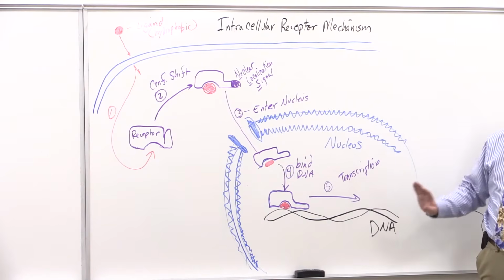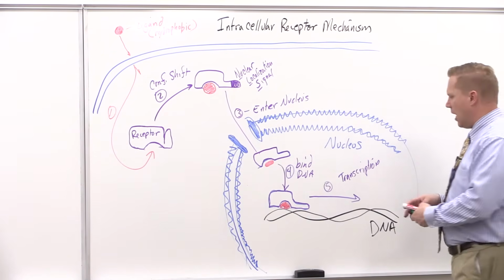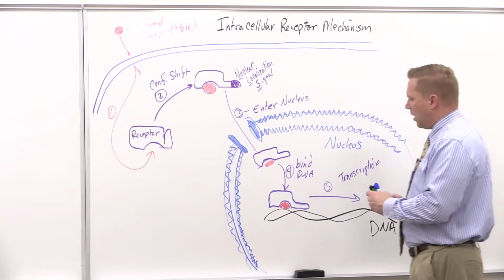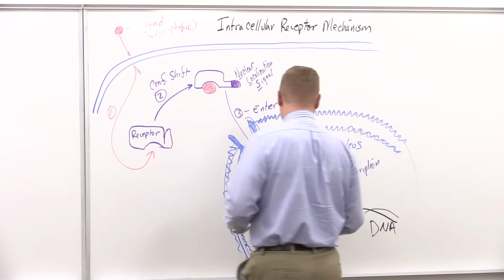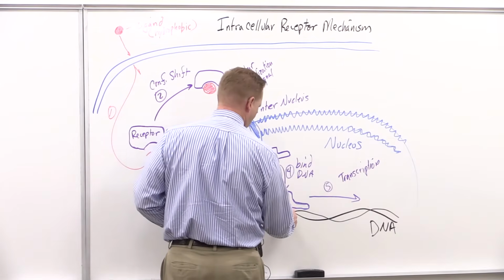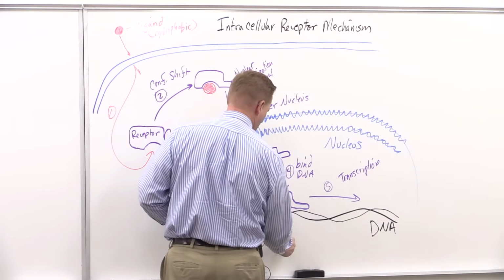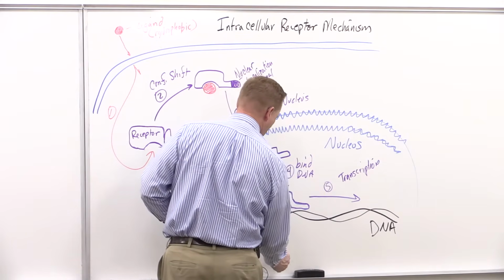So now our signal is fully activated, and then we deactivate it again. So in step 6, our ligand comes off.